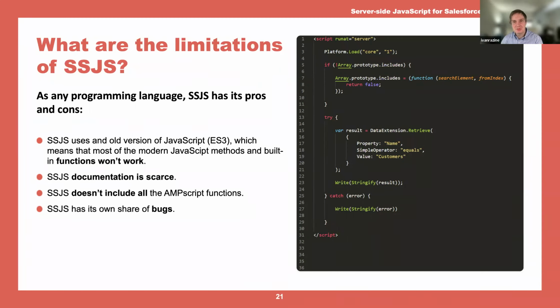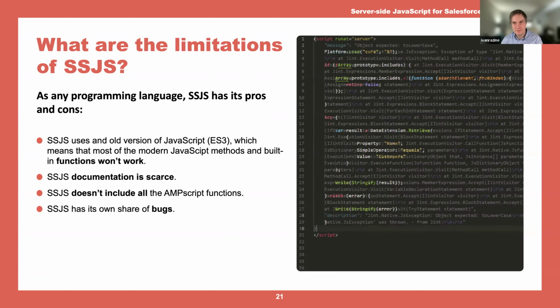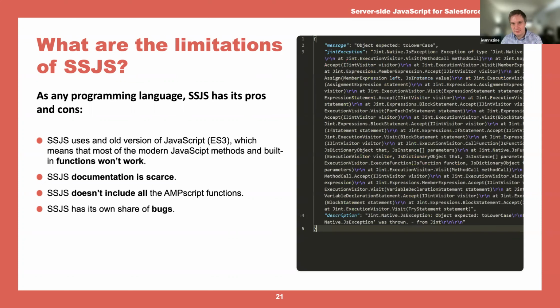Basically, sometimes you try to execute something and it doesn't work, but it's just because the core of server-side JavaScript is faulty from the beginning. Again, you have to find that by yourself. Just don't trust it fully. Trust server-side JavaScript at like 99%. For the rest, be prepared to have some bugs along the way.